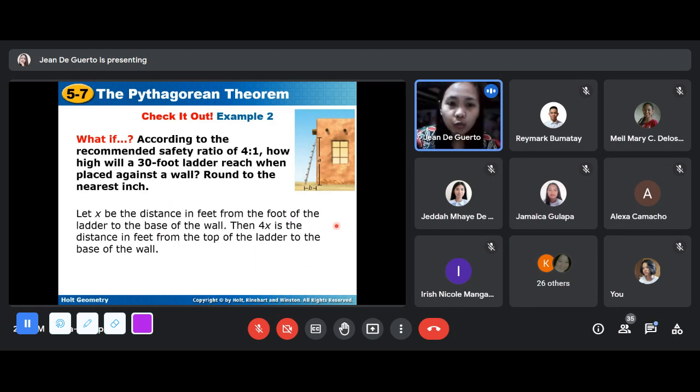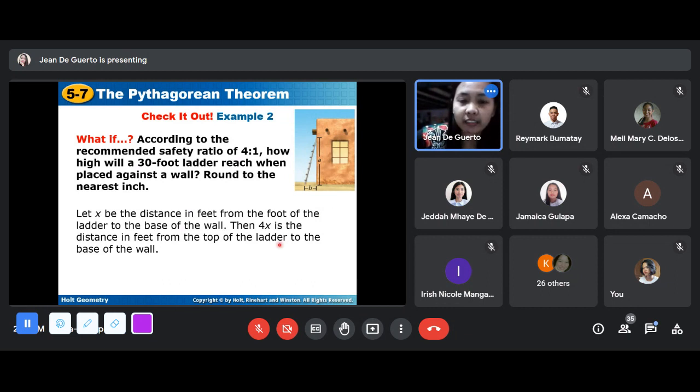Tapos, yung distance ng top ng ladder, magmula dyan, dun sa tip ng ladder, pinakataas niya, tapos hanggang dyan, sa base ng wall, sa baba, will be our A, or 4x.